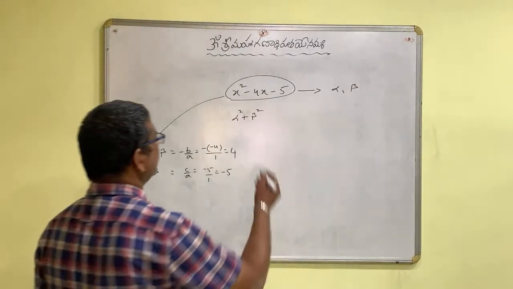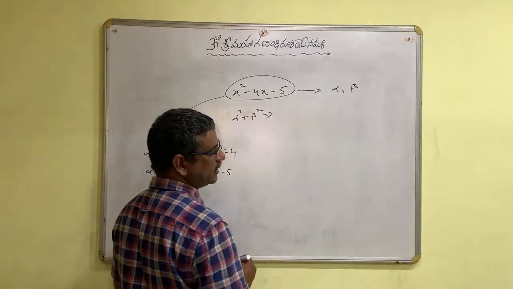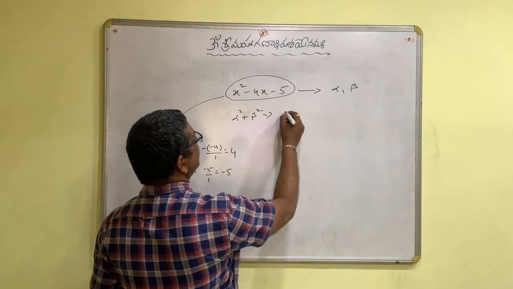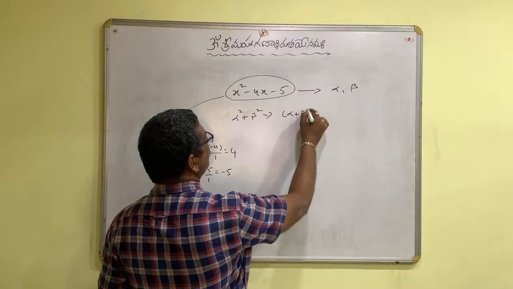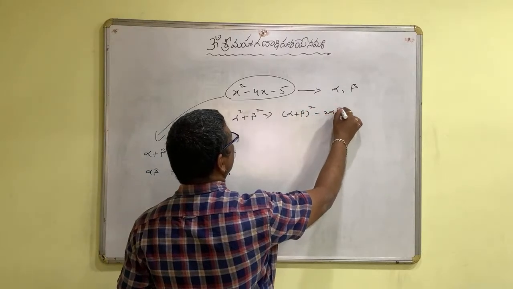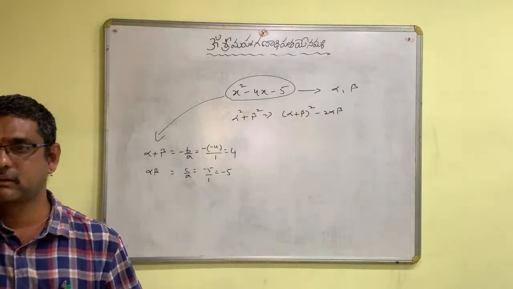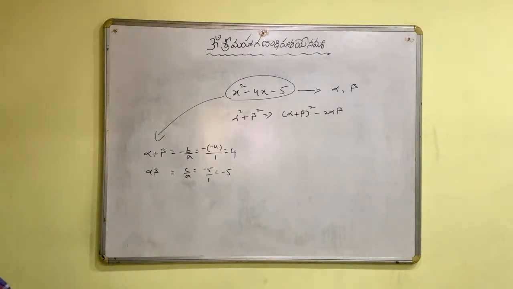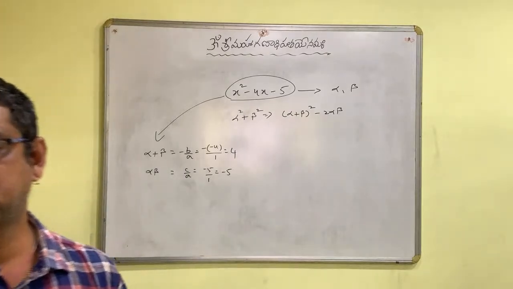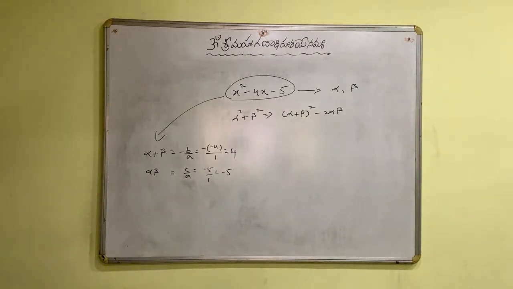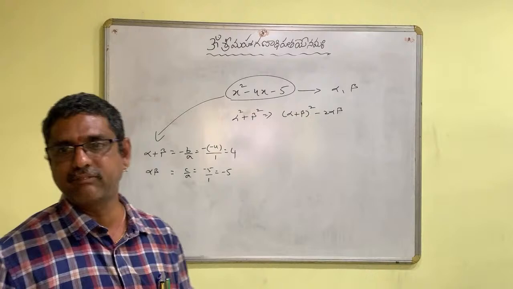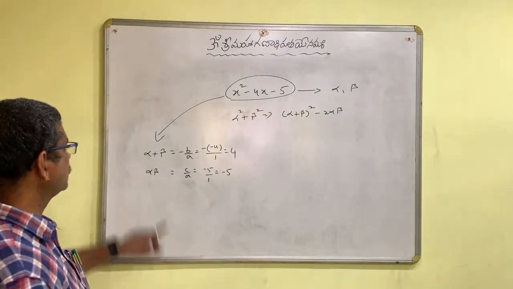Now he is asking to find alpha square plus beta square. I told you this can be expressed as alpha plus beta whole square minus 2 alpha beta. Now substitute the values.